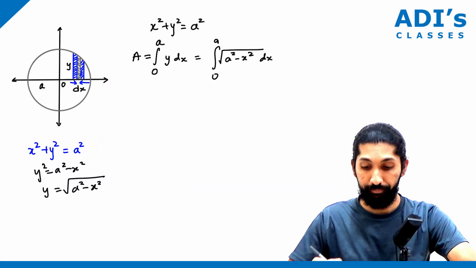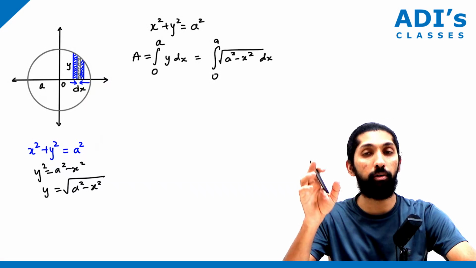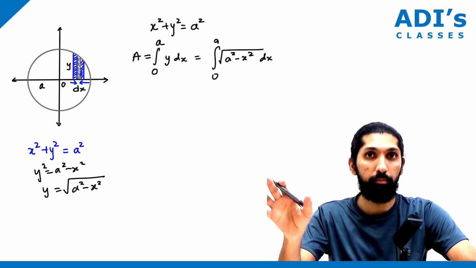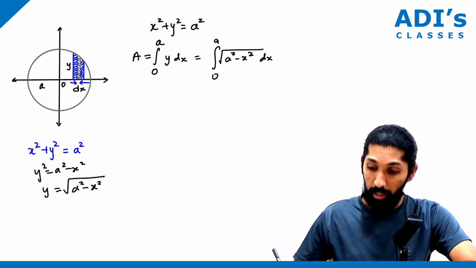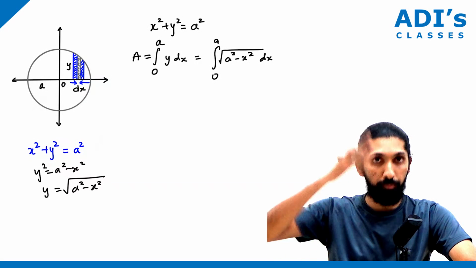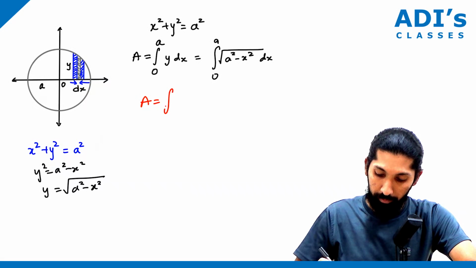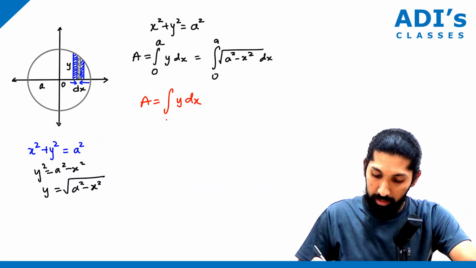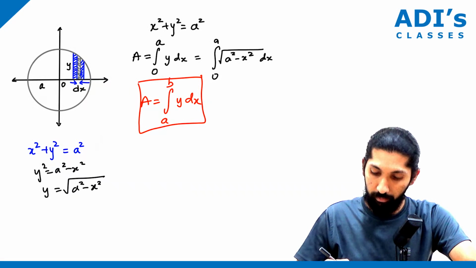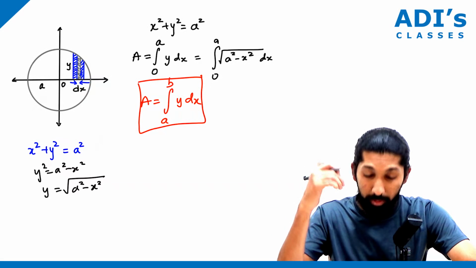Clear? What I want you to understand is extremely important. Again, I'm telling you, this is a very, very important point. If you are splitting the graph along the x-axis in terms of pieces of y, then the area is going to become the integral of y dx from a to b. Guys, it's not always 0 to a, because 0 to a is only in the circle.